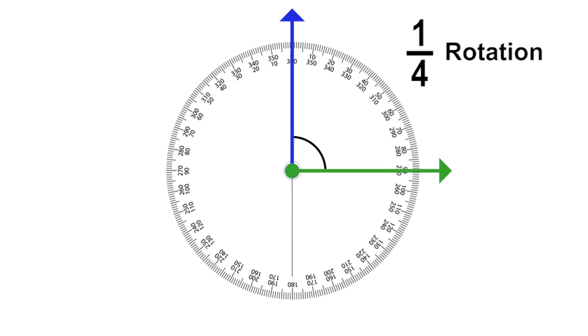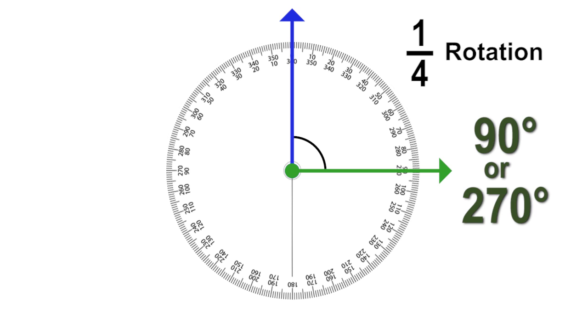We know that a circle is divided into 360 pieces, so does this angle represent 90 degrees or 270 degrees? If the ray rotated at 1 degree at a time, would it be closer to 90 degrees or 270 degrees? Probably a rotation of 90 degrees.